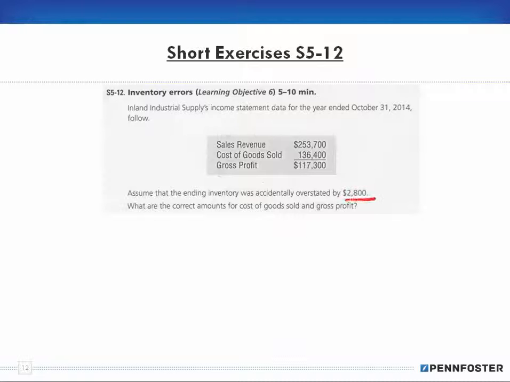You can just deal strictly with this $2,800 as being overstated, because you know that inventory is an asset, and we need to decrease our inventory because it's overstated, right? And if we decrease our inventory by $2,800, that means our cost of goods sold should go up, right? And then if our cost of goods sold goes up, that means our gross profit decreases.